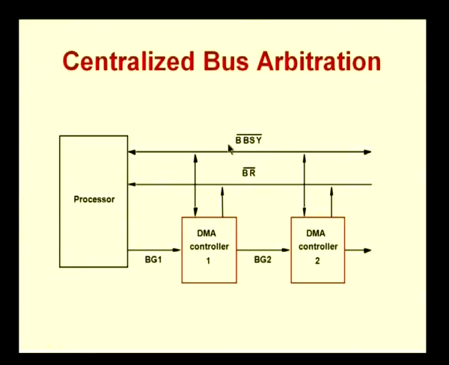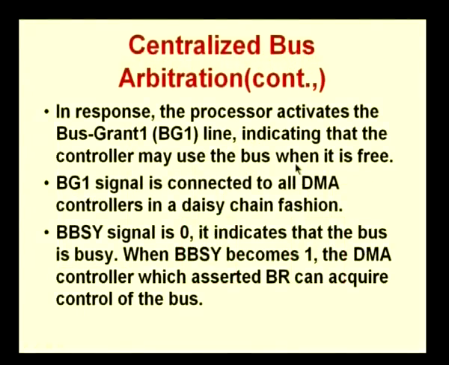This signal indicates whether the bus is currently free or whether some data transfer is taking place on it. When a data transfer is taking place, obviously the controller cannot use the bus, but once the data transfer is over, the busy signal will indicate that the bus has become free, and then the DMA controller can initiate its data transfer.